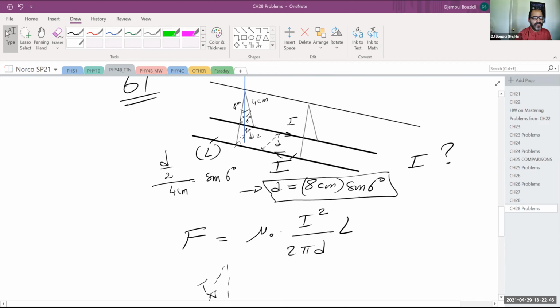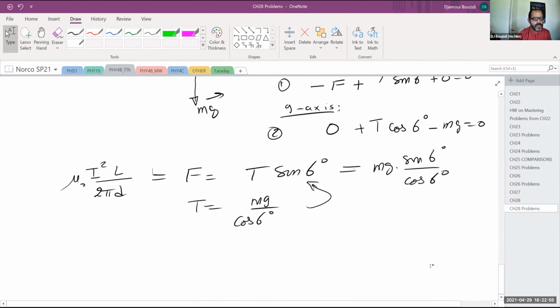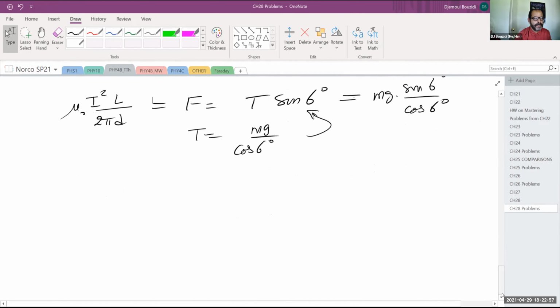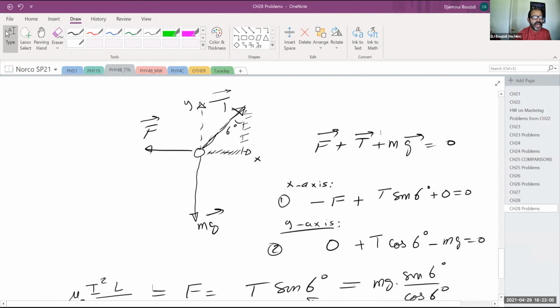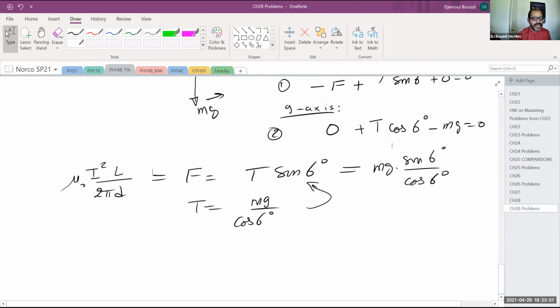But I have to be careful to use this number in meters. Also, we need m. m is equal to mu times L. That's where the L is going to cancel.